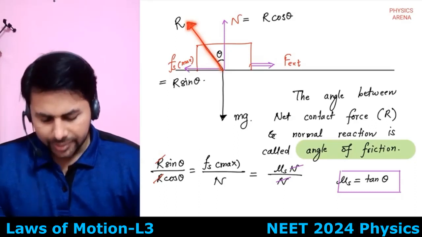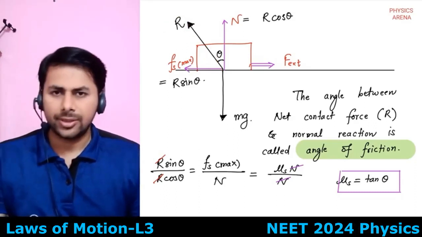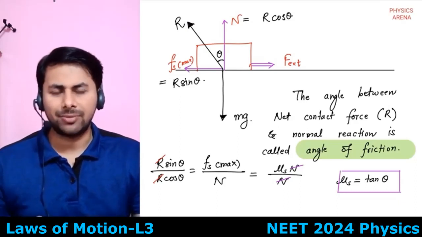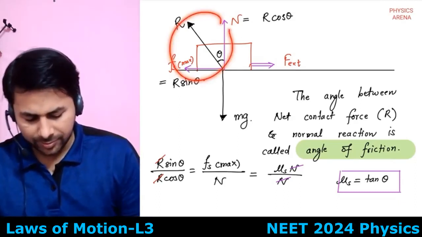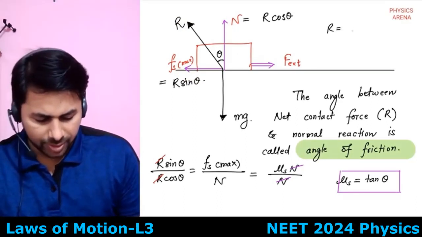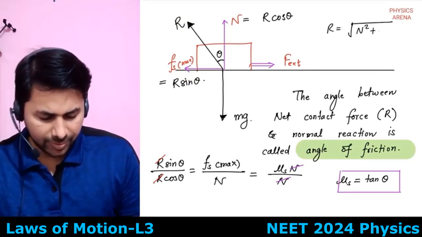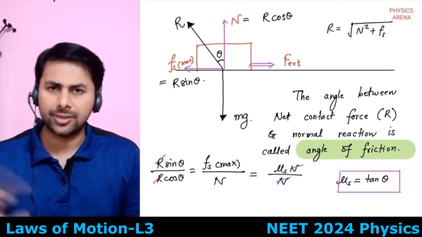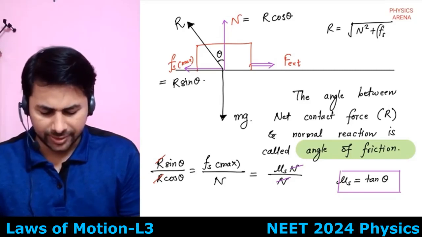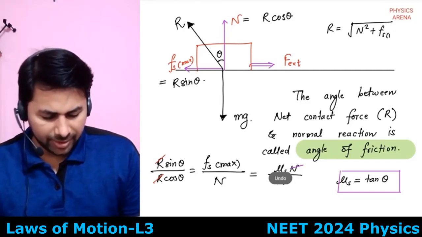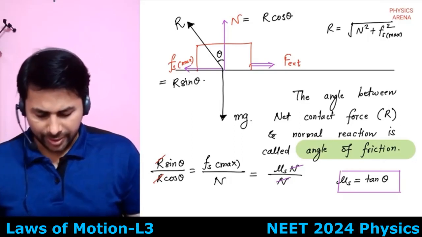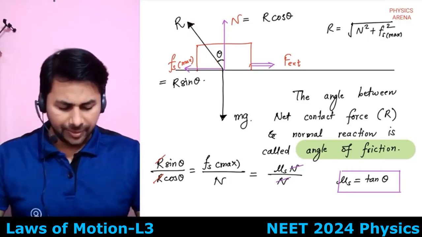So the net contact force is, suppose, R. It is the resultant of normal reaction and the friction. So you can find it out, right? So R will be equal to what? Square root of N squared plus Fs squared. Okay. So in this case, it is Fs max squared. This much would be the net contact force, you can say.